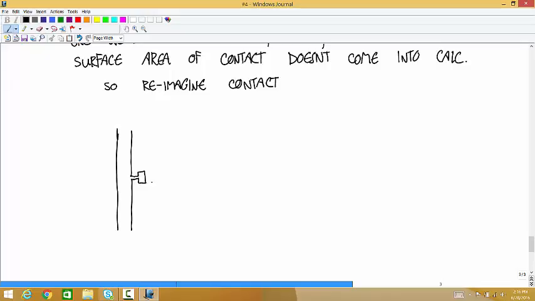And then that concentrated thread slides up this path on the thread that it's connected to.